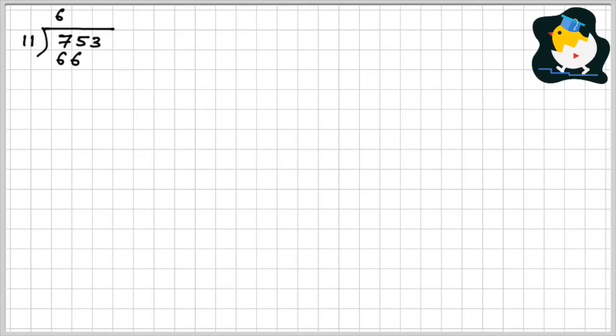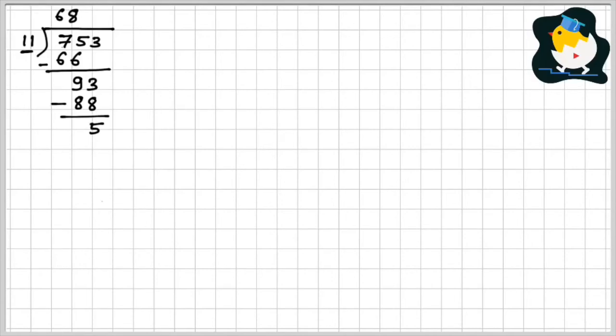We want a multiple of 11. For 7 it is not possible, 75 is possible, but 11 7s are 77, which is greater than 75, so I will have to take the smaller number. 11 6s are 66. If I subtract it, it's 9, and we have 93 here, and 11 8s are 88, and the remainder is 5.